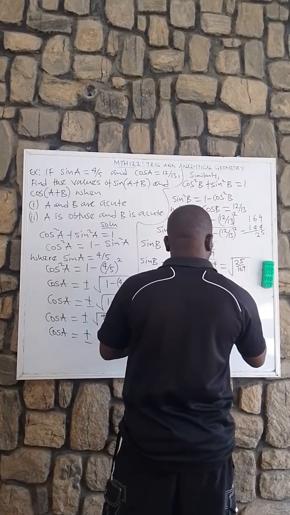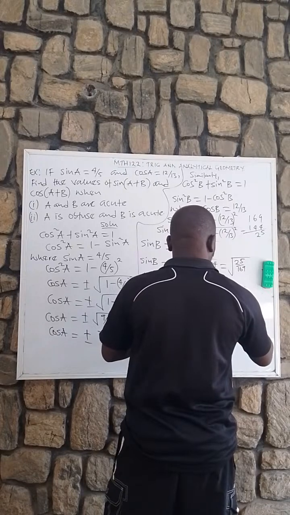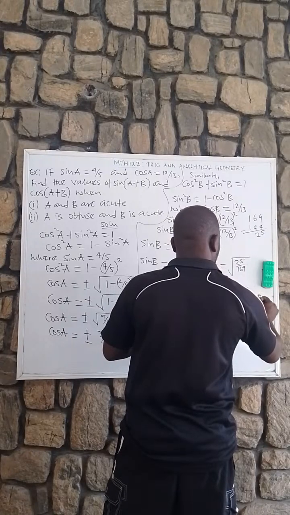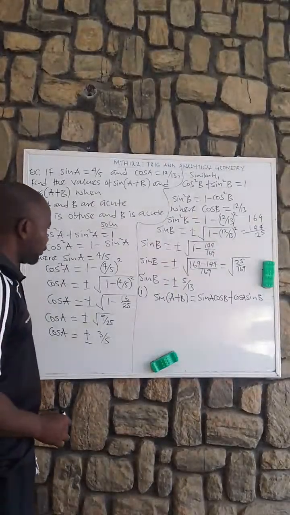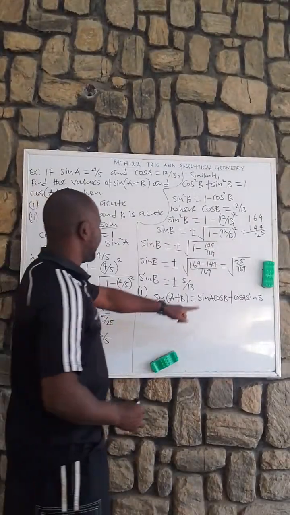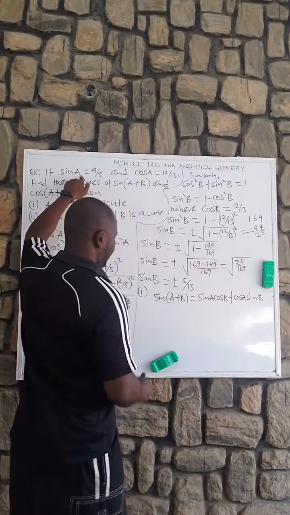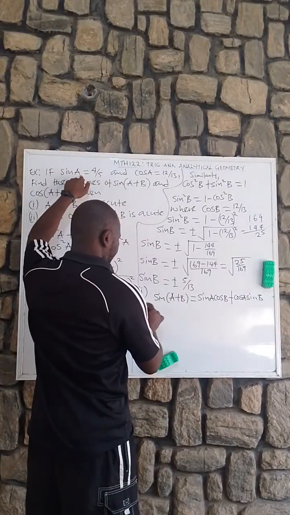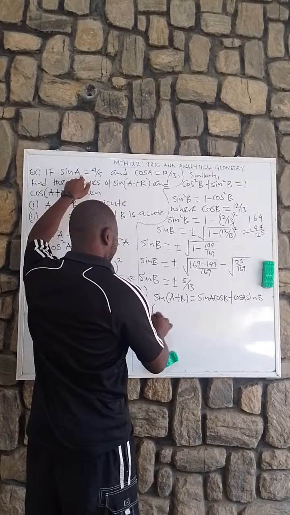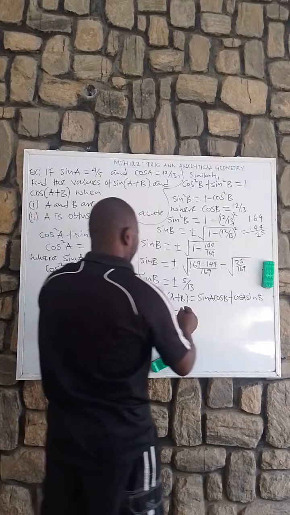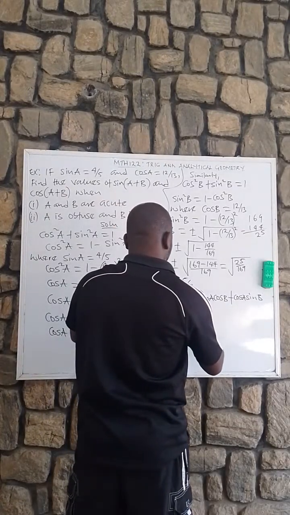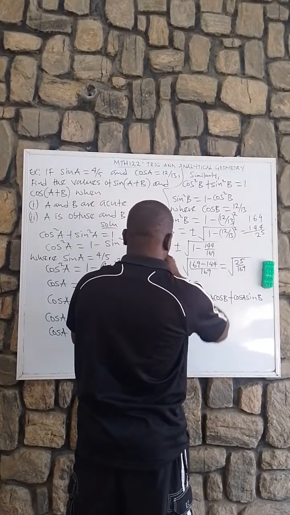Sine A cos B, then plus cos A sine B, right? So let's come back. What is our sine A? Sine A is given as this. So sine open bracket A plus B is equal to sine A, which is 4 all over 5, times cos B.